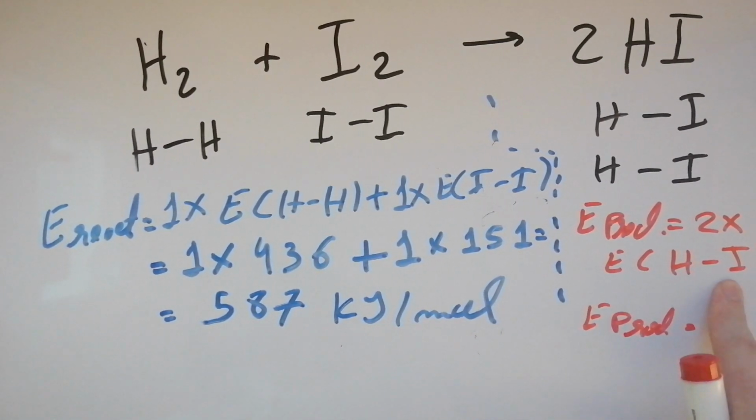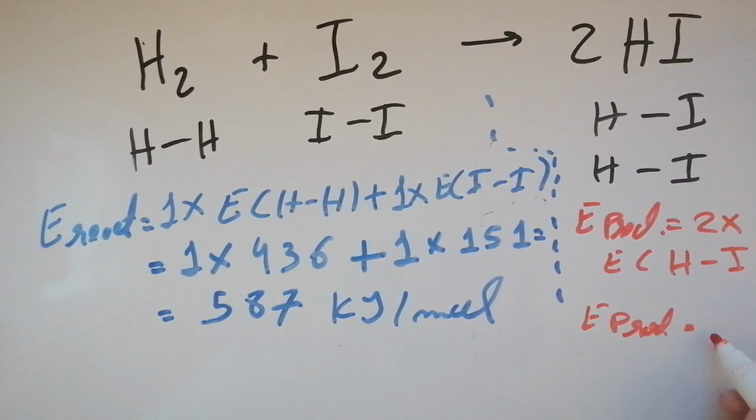An HI bond, according to our table, is 299. So we need to multiply 299 by 2.